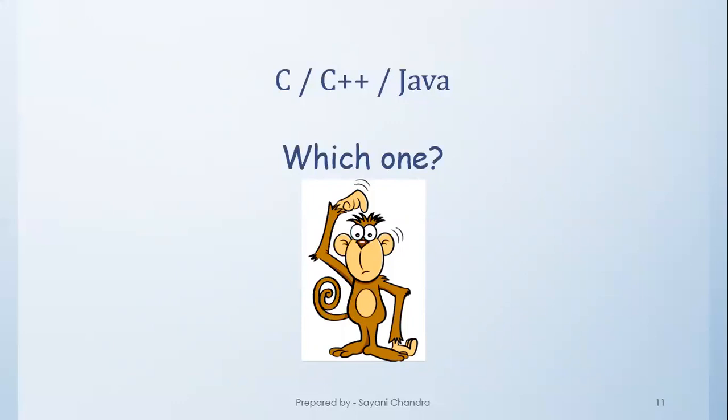In case of C and C++ languages, both the languages use global variables, but Java doesn't use any global variables. C and C++, both the languages use goto statements, whereas Java doesn't use the goto statement. C++ and Java, both the languages use exception handling mechanism, whereas C language doesn't have any exception handling mechanism.